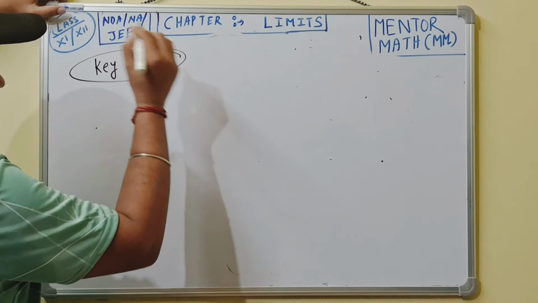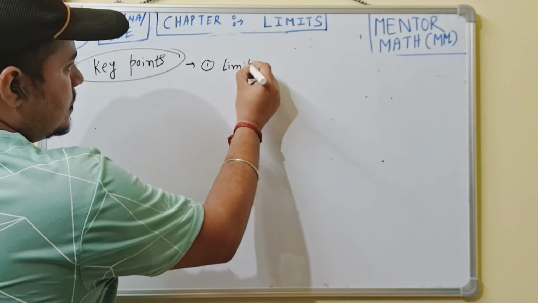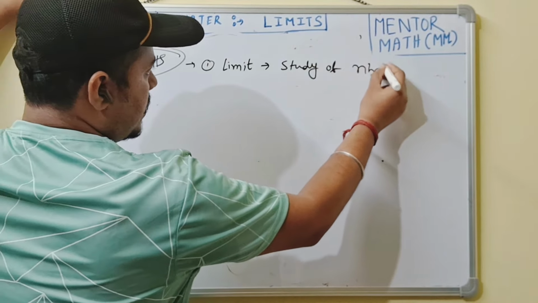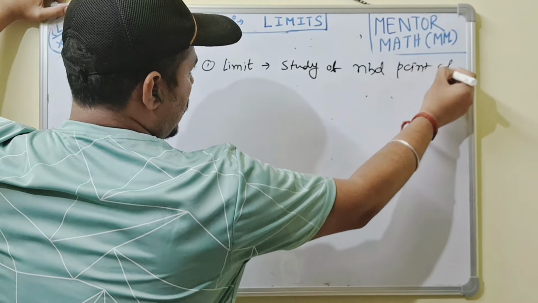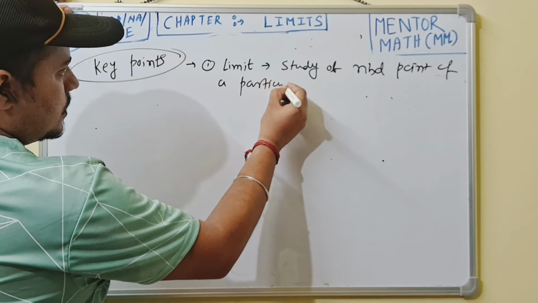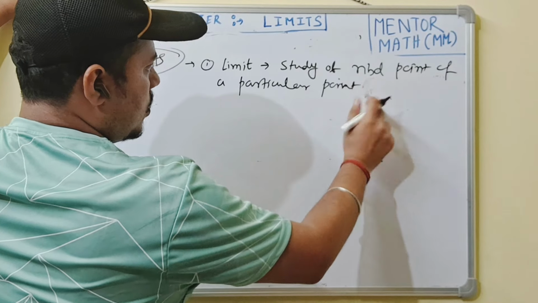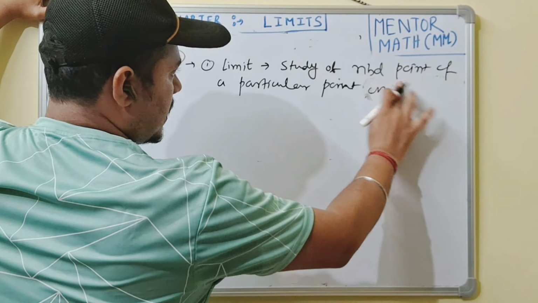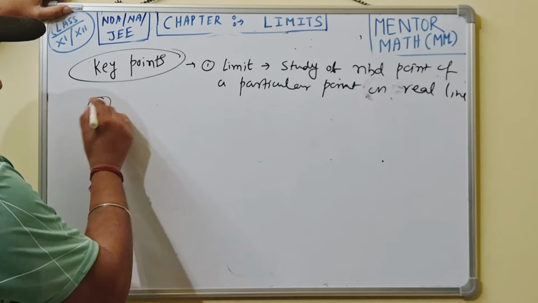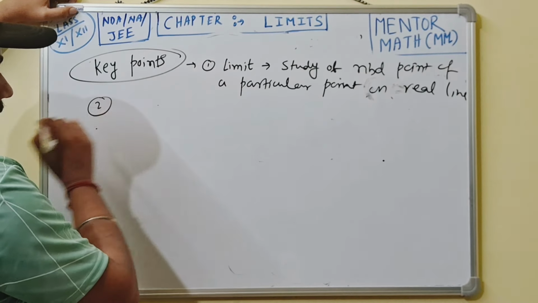Key point, first of all, limit is basically the study of neighbor points of a particular point on the number line or on the real line.